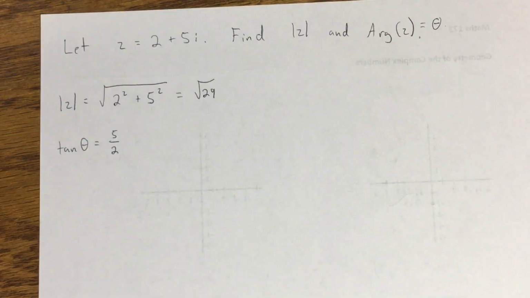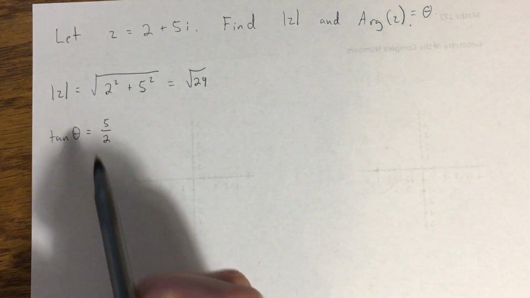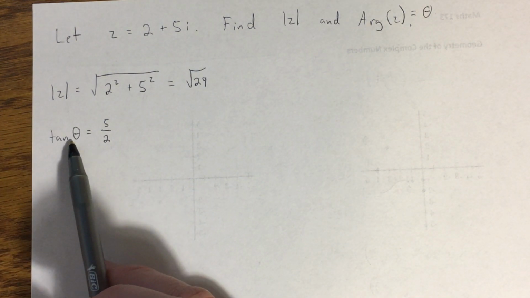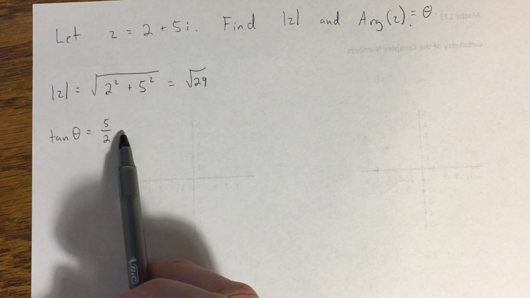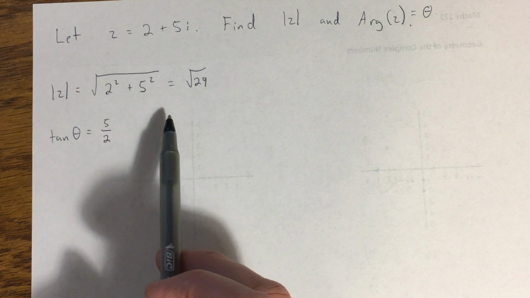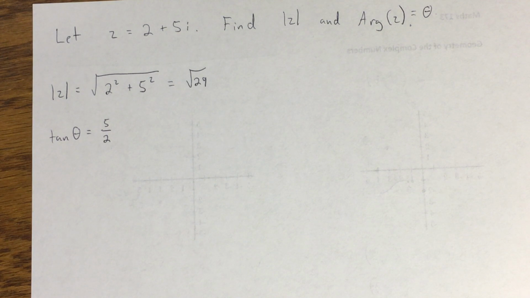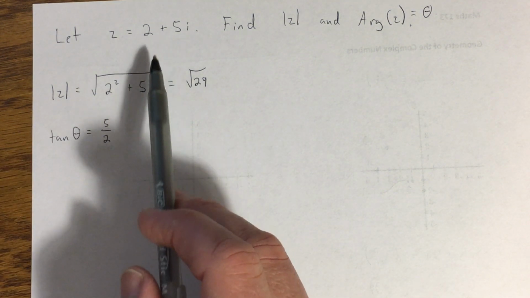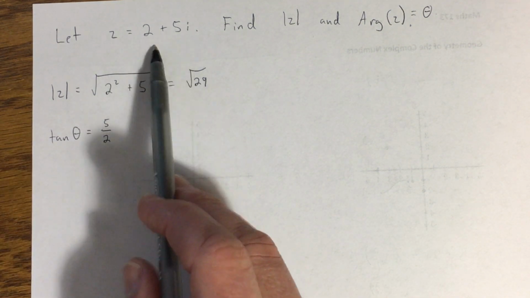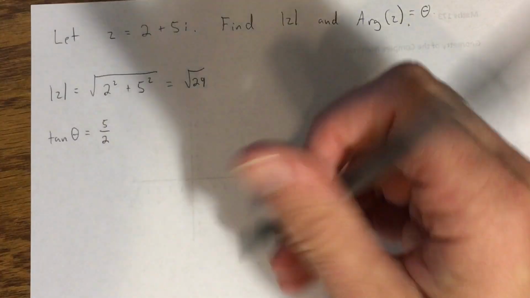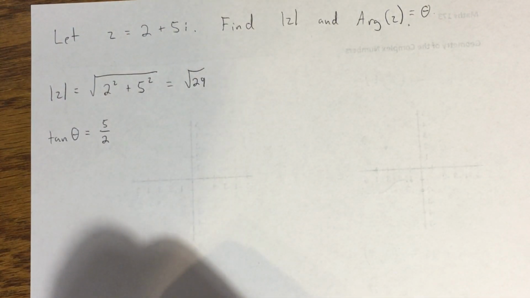I'm just going to represent my answer in terms of an inverse tangent. I do need to be careful, though, because remember, inverse tangent only gives us solutions in the first or fourth quadrants. So if this complex number, if I were to plot it in the complex plane, is somewhere other than the first or fourth quadrant, I'd have to adjust somehow. But fortunately, that's not the issue in this case.